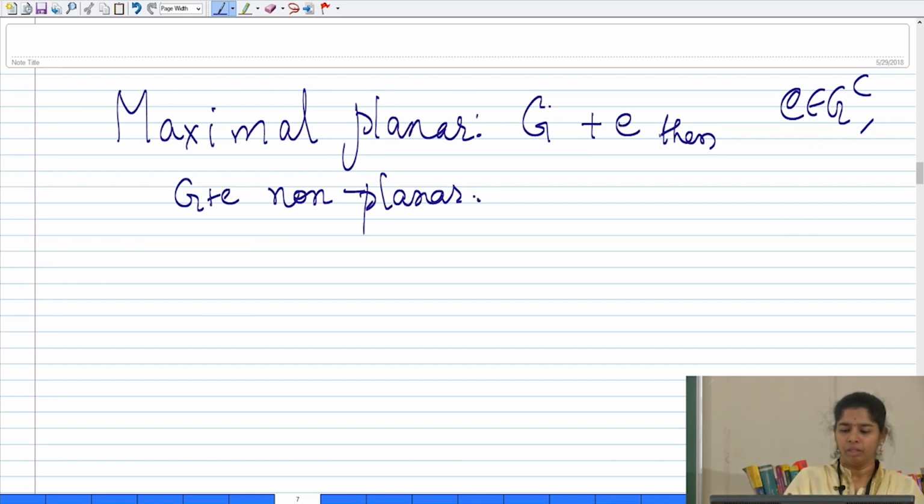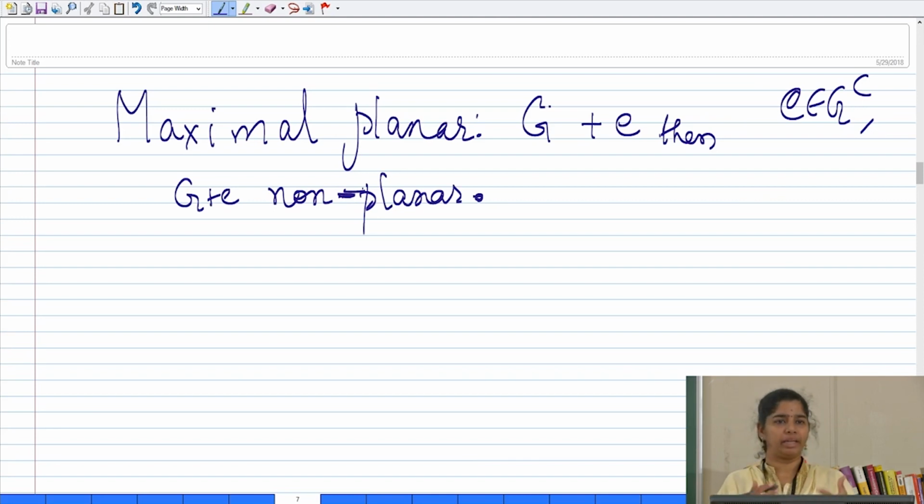So now with this condition, how would a maximal planar graph look like? If I keep adding edges to a graph, how long can I keep on adding these edges? So where will I add edges to maintain the planarity, right.